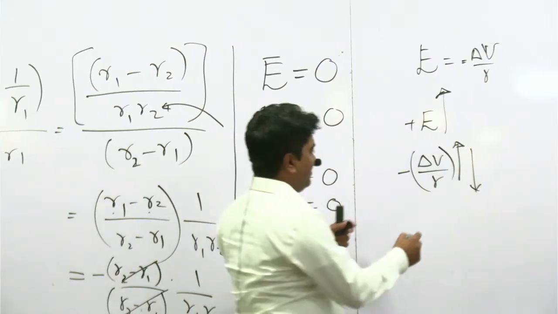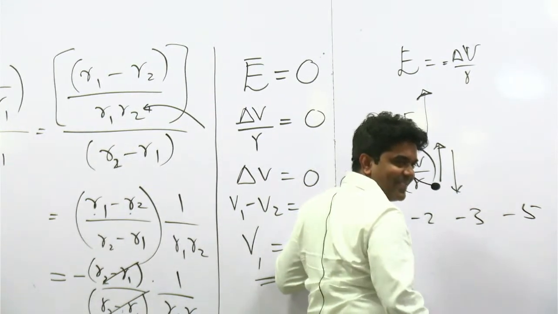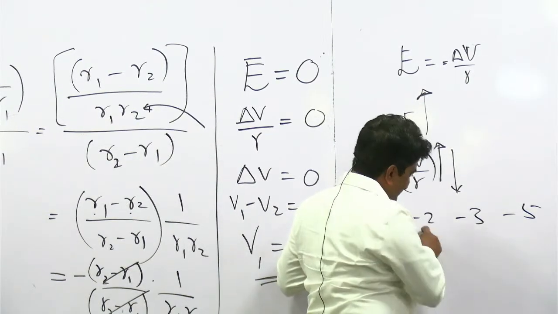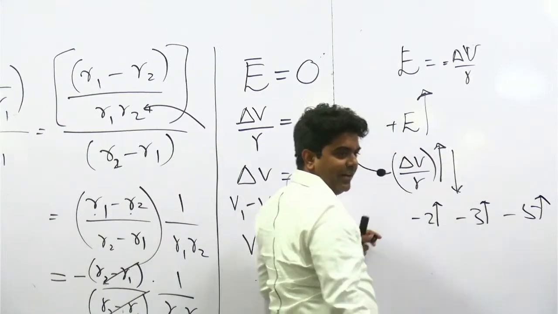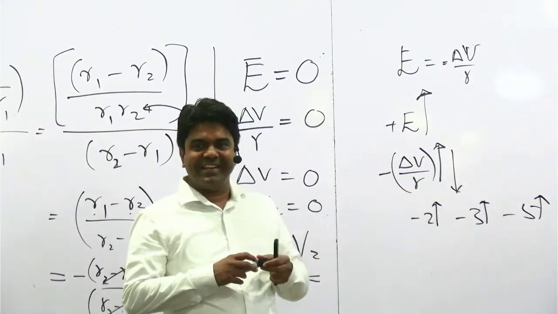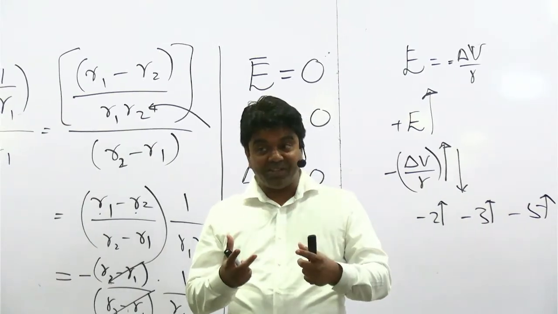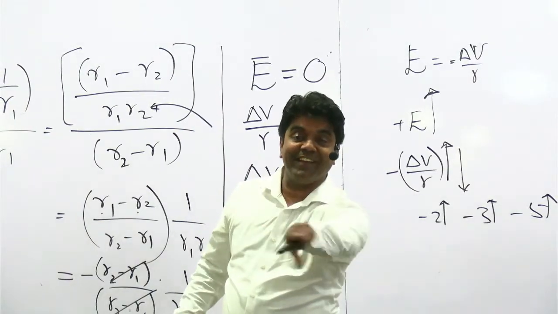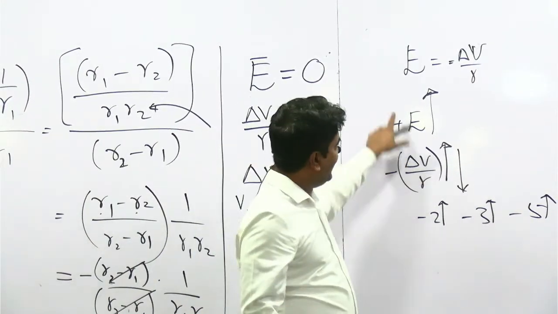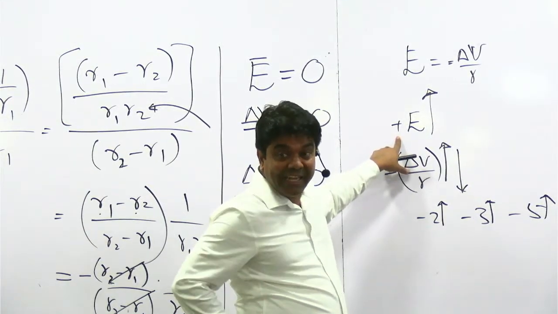So you may have a problem like -2, -3, -5. Now you can see the negative value, not the number comparison. Why? The negative sign is the direction implication. So the gradient increases negatively. Value increases positively, gradient increases negatively.